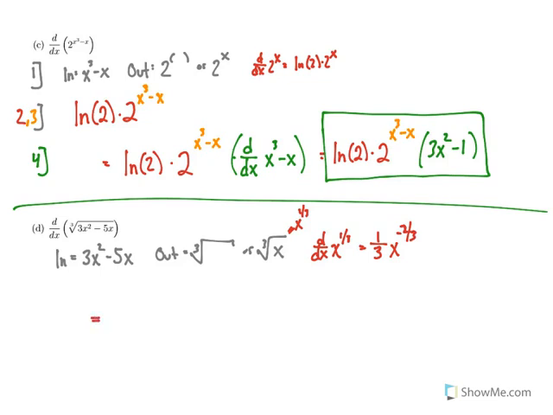So our answer here is going to be doing the derivative of the outside function, leaving the inside function alone, and then multiplying by the derivative of the inside function.